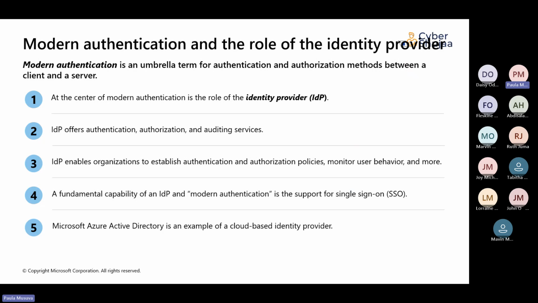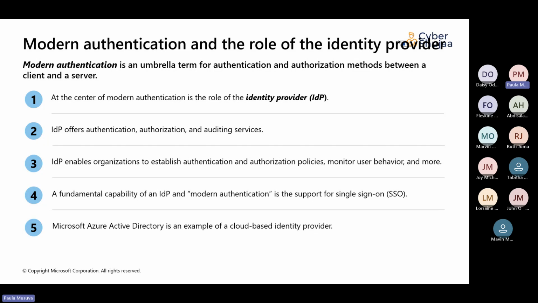Now, the element of modern authentication is where, number one, we need an identity provider. An identity provider is a central service from which we are able to, first of all, enroll the different users, devices, and anything whose identity we're going to be managing. We enroll it.